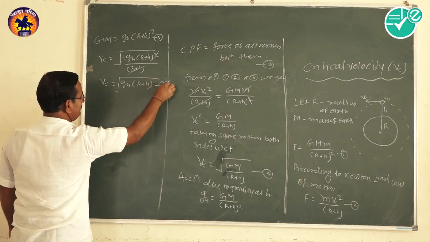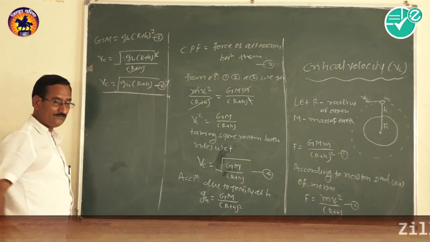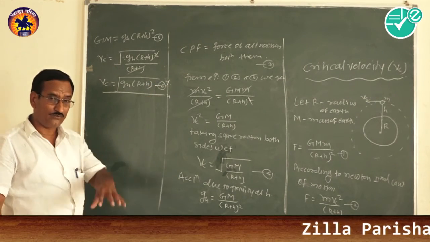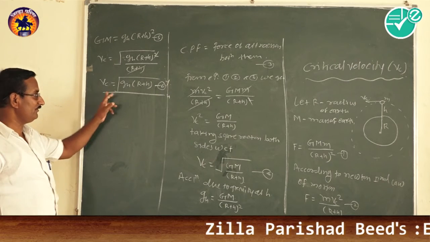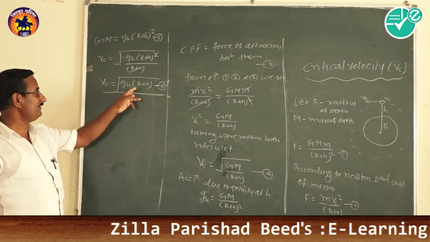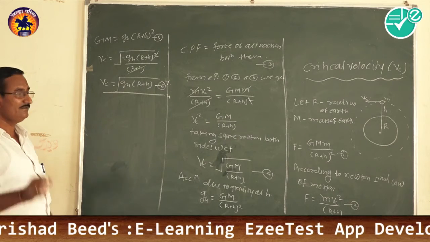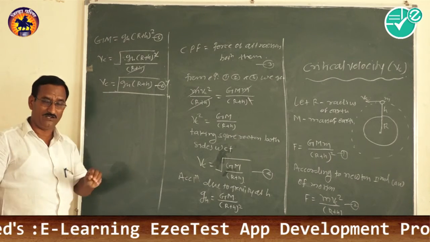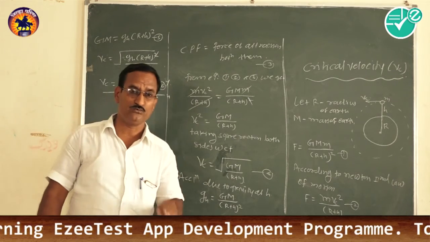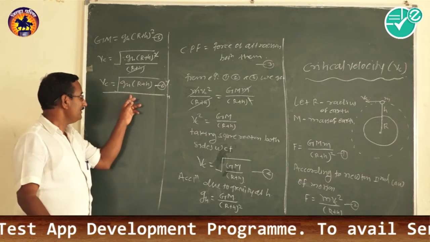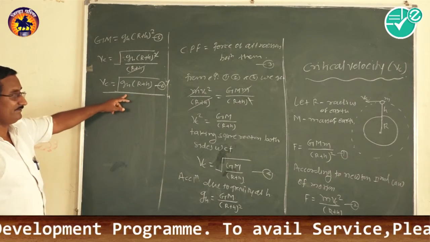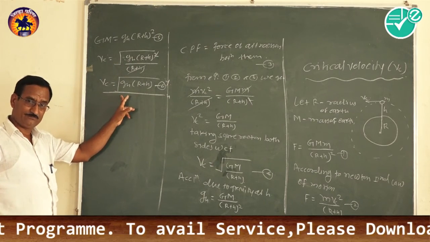That is equation 6, the equation for critical velocity in terms of acceleration due to gravity at height h.